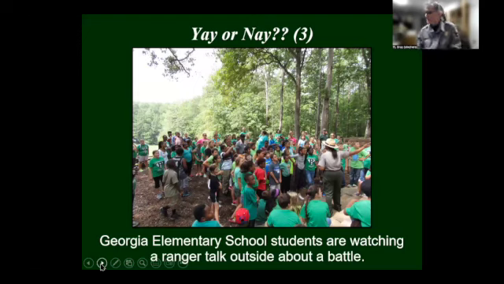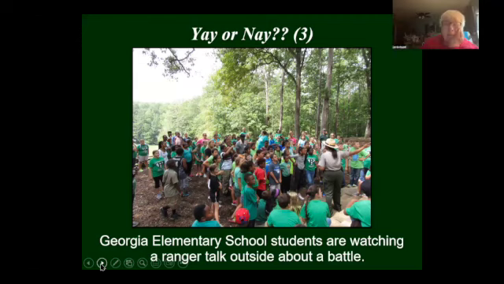All right. And this is, I believe, the last one about alt text. We have Georgia elementary school students are watching a ranger talk outside about a battle. Nay. Too much interpretation again. We don't know they're Georgia elementary. They are watching a ranger talk, but how do we know about a battle?